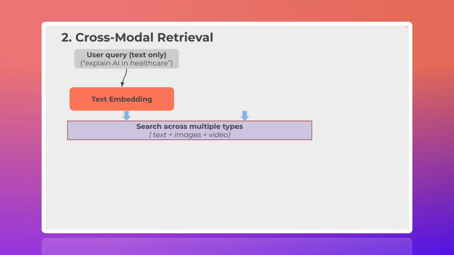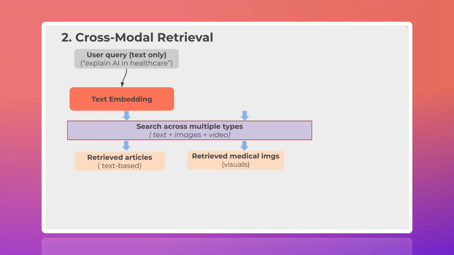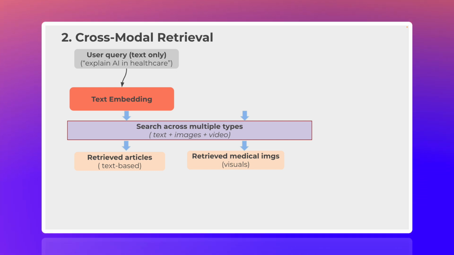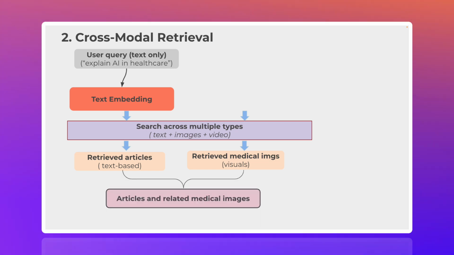With this text embedding, we are able to retrieve articles, which are all text-based, and also medical images, which are visuals, even though we just passed a textual query. So we get articles and related medical images for this example. This is cross-modal retrieval. The beauty, again, is that even without providing an image as a query, users can still get image-based results.